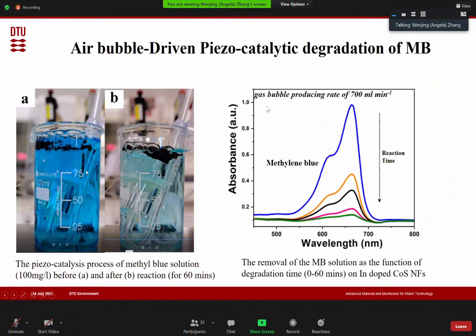Within 16 minutes, you will see the color change lighter and lighter. And with UV detection, we can see the methylene blue, in this case acting as an organic dye, its concentration reduced significantly within 1 hour.